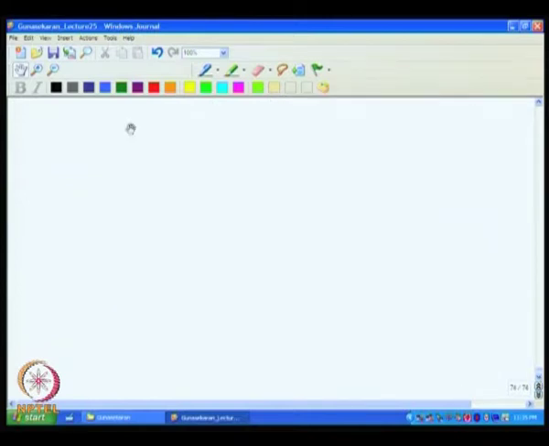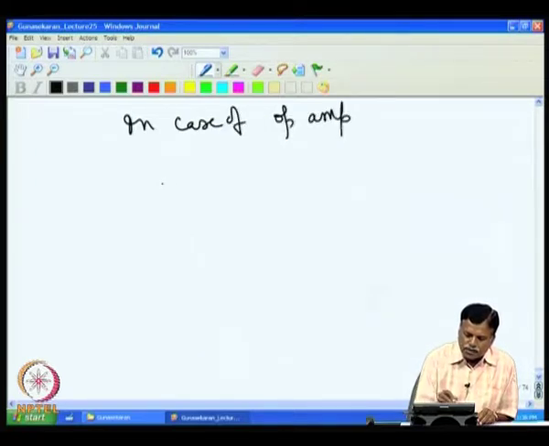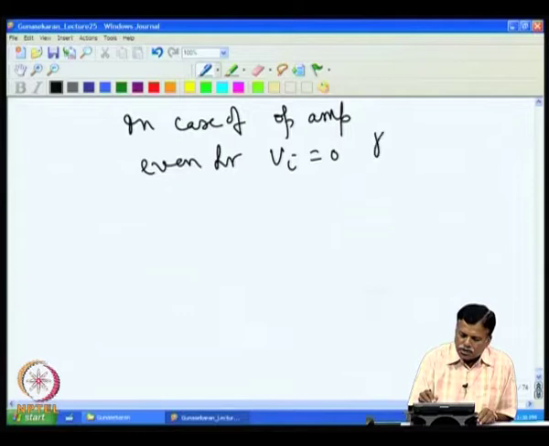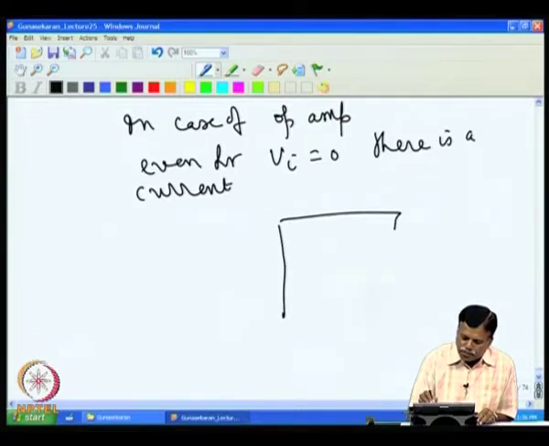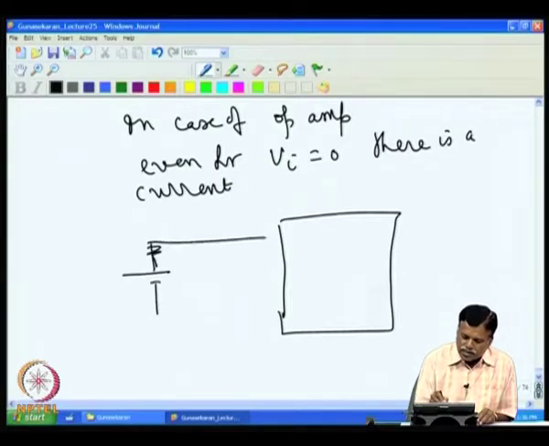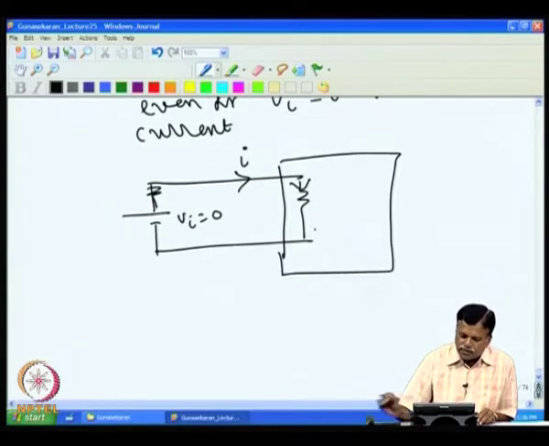That means, in case of op amp, even for Vi equal to 0, there is a current. If I assume this is an operational amplifier based instrument, and I have a resistance here, even with Vi equal to 0, you will find there is a current I. So there is a current that actually flows through this, which is not the case in passive circuits when Vi is equal to 0.